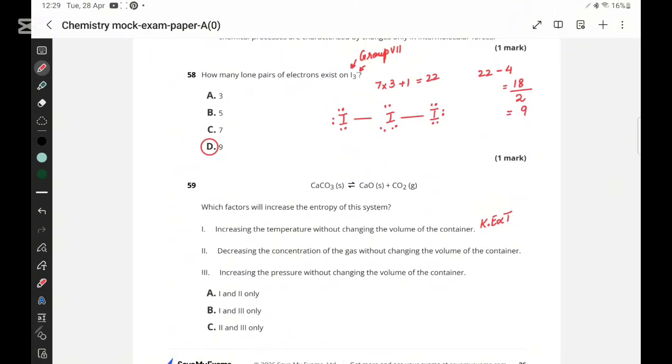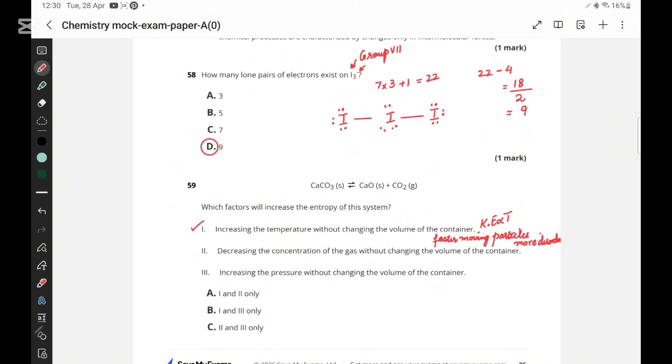So increasing the temperature increases the kinetic energy of the particles, and faster moving particles will be more disordered. If they are more disordered, they are going to have more entropy. So option 1 is correct.